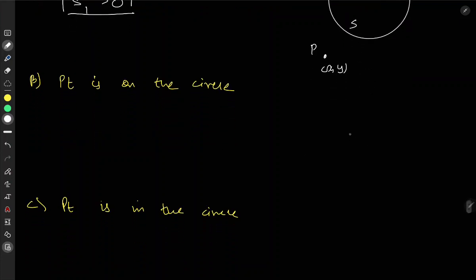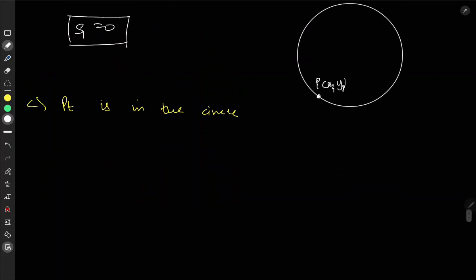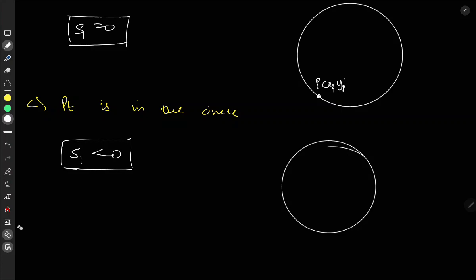If point is on the circle, then it is obvious it would satisfy the equation of the circle, and this is the point P, x1 y1, and so S1 would be equal to 0. And if the point is in the circle, then S1 must be less than 0, and the diagram might look like this. This is the circle, and this is the point P, x1 comma y1.